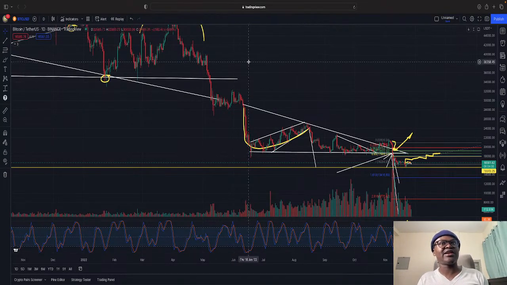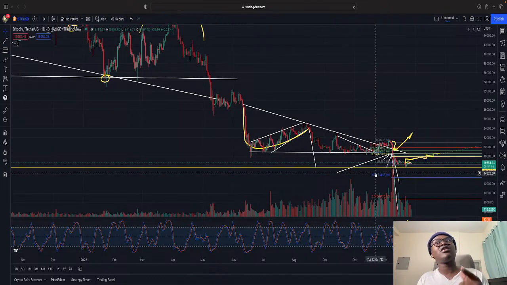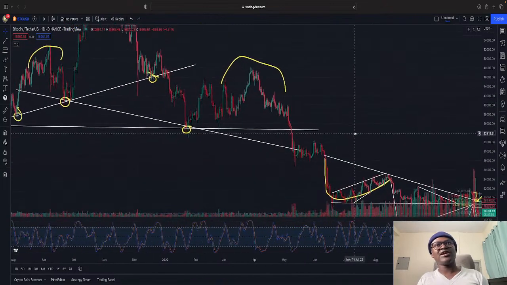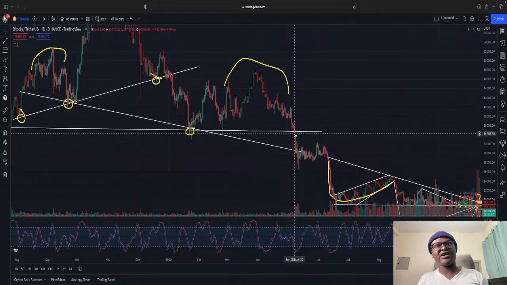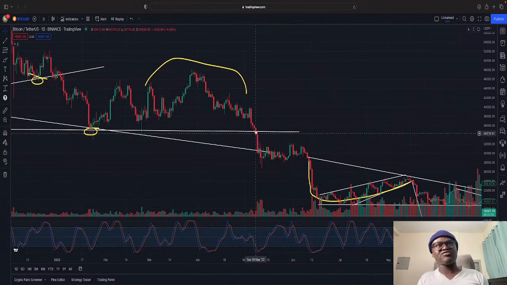So if price closes below here, you want a candle that is closing below it, and you want a confirmation candle to that close. That's what we have here. We have a candle closing below it, and we have a confirmation candle closing.